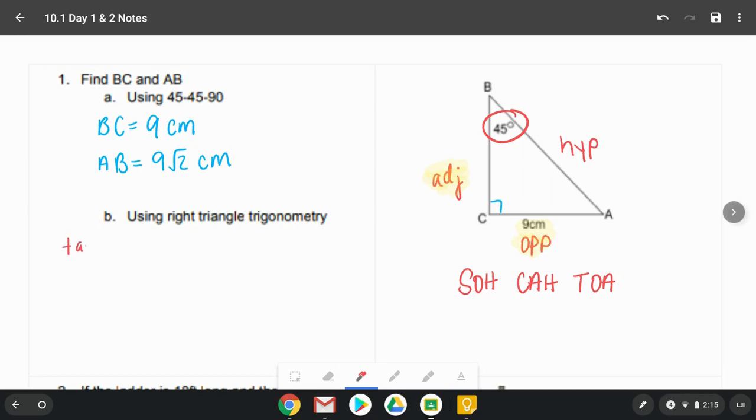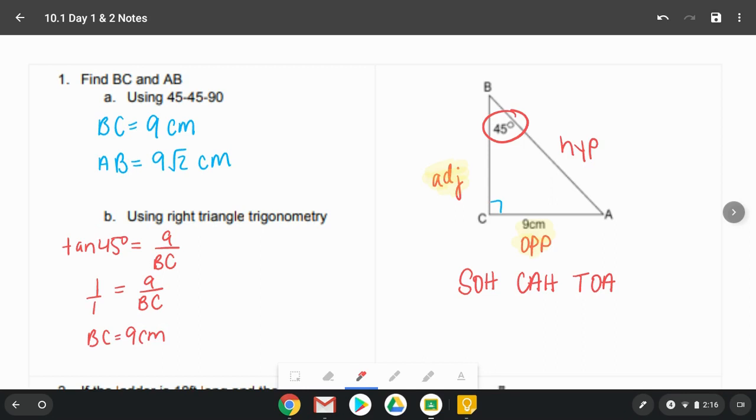So the tangent of 45 degrees is going to be the opposite, 9, over the adjacent, what we're looking for, which is side BC. Well, we know that tangent of 45 is just 1. So we can say 1 is equal to 9 over our side BC. And then if I cross multiply, I end up getting that BC is 9 centimeters, and that checks out with what we got in part A.